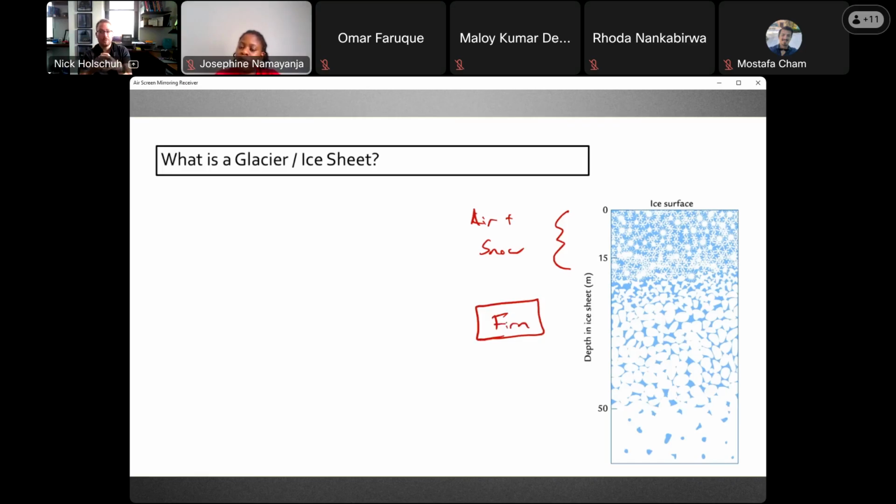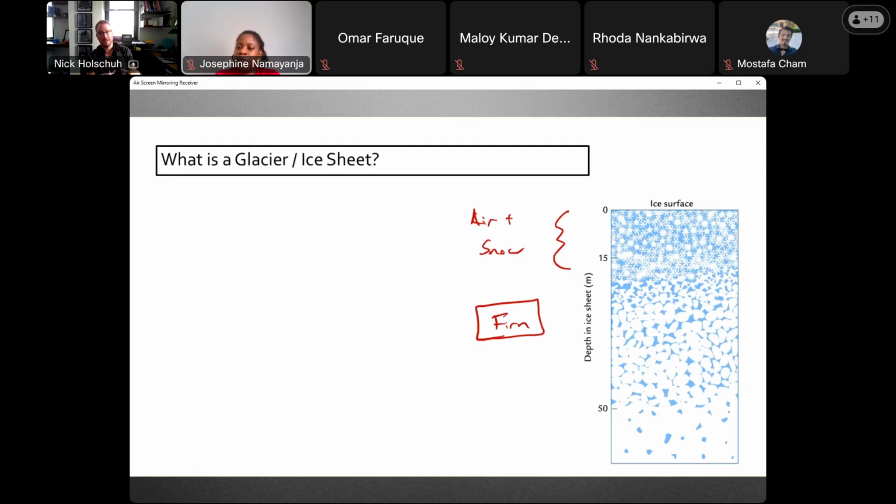Eventually, those pores that have air in them become disconnected from one another. It's no longer this interconnected, porous, permeable material, but instead those pores are closed off into bubbles. That behavior actually is what allows us to use ice cores to study Earth's past atmosphere. So air is trapped inside these bubbles. Those air bubbles are progressively buried.